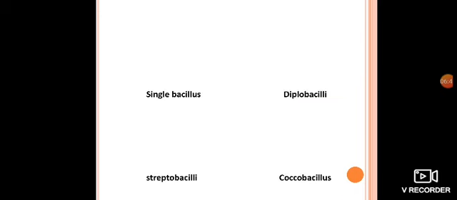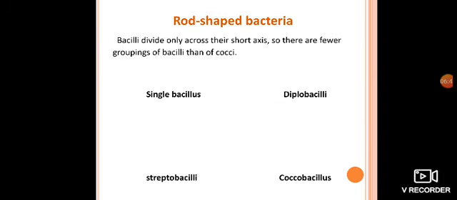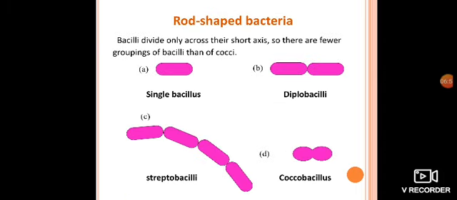Now the next point is rod shaped bacteria. Already we discussed that rod shaped bacteria are termed bacilli. Again we are identifying the different points of basic bacilli. Bacilli divide only across their short axis, so there are fewer groupings in bacilli than in cocci.